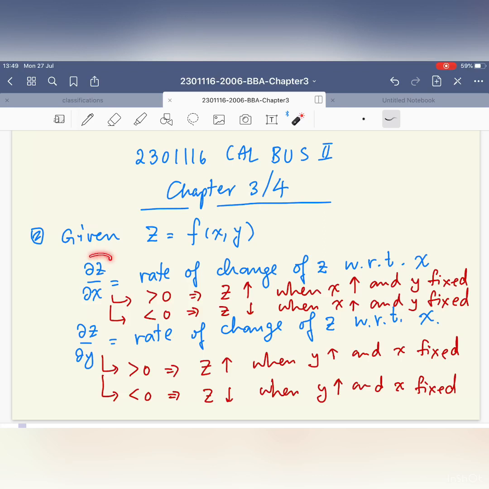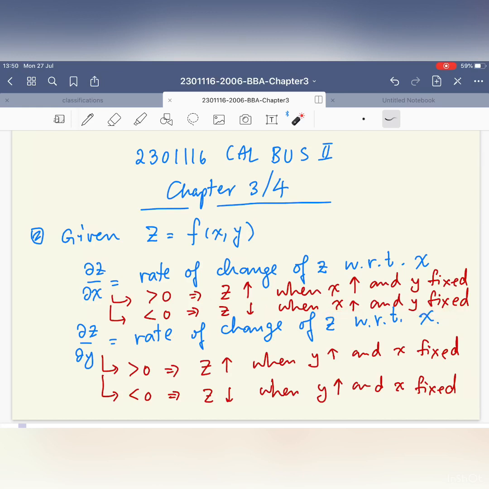So if your dz by dx is positive, then it means that your z will be increasing when your x increases, but your y is fixed. On the other hand, if your dz by dx is negative, then it means that your z is decreasing whenever your x increases and your y is fixed.